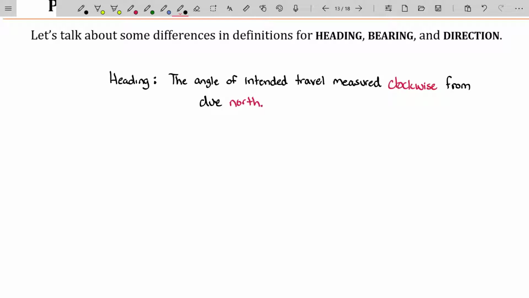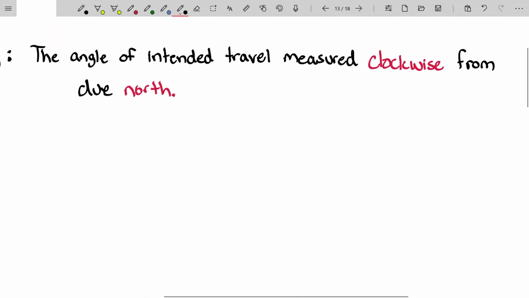Heading is the angle of intended travel measured clockwise from due north. Now, I put the words clockwise and north in red because that is significantly different than all of the trigonometry you've been doing.